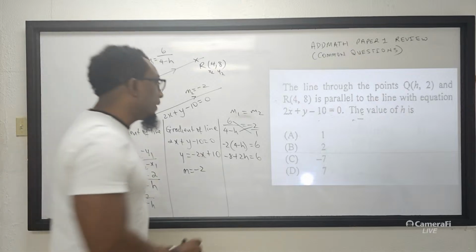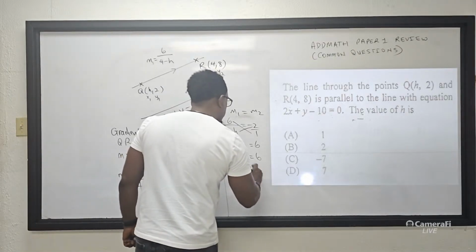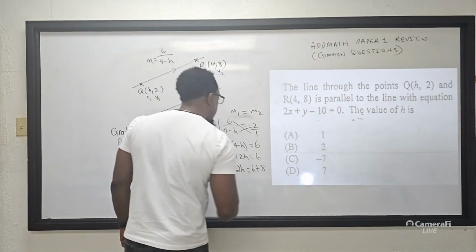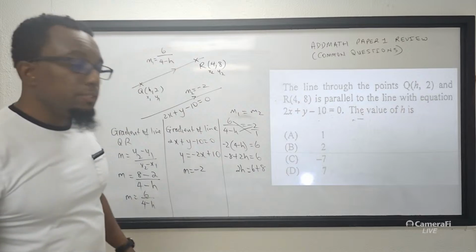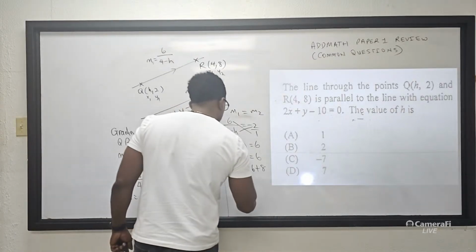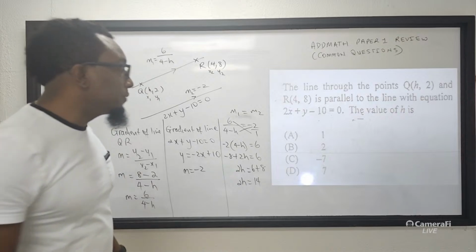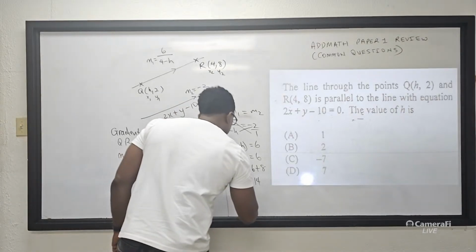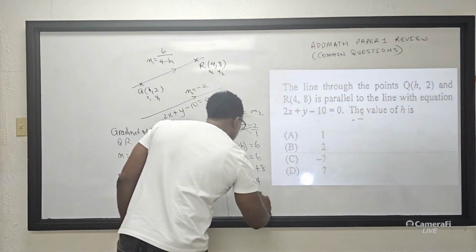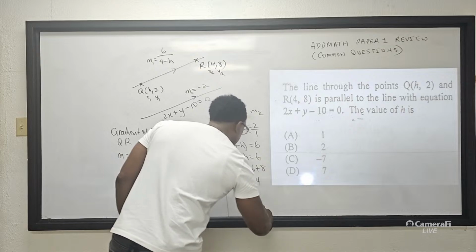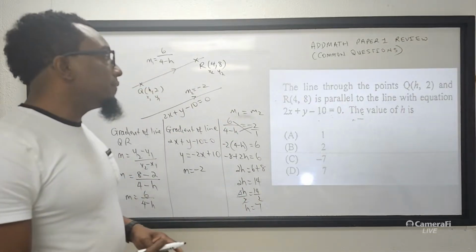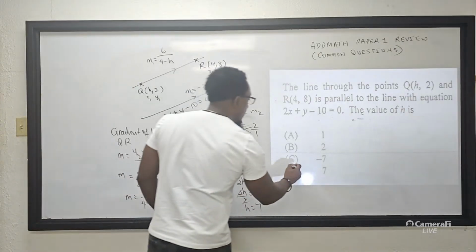And therefore 2h is equal to 6 plus 8. 2h is equal to 14, and therefore I can divide both sides by 2. h is 7. So the value of h is 7. Whose answer is D.